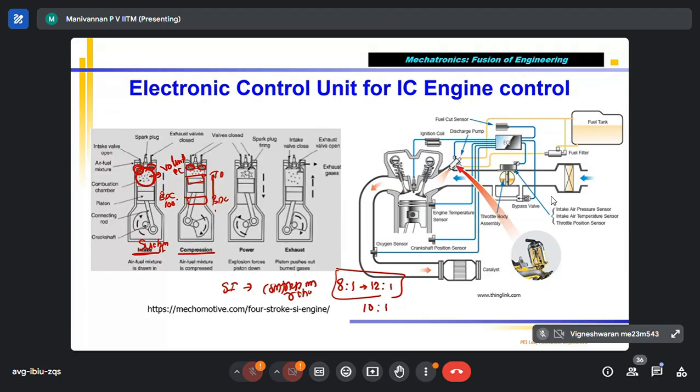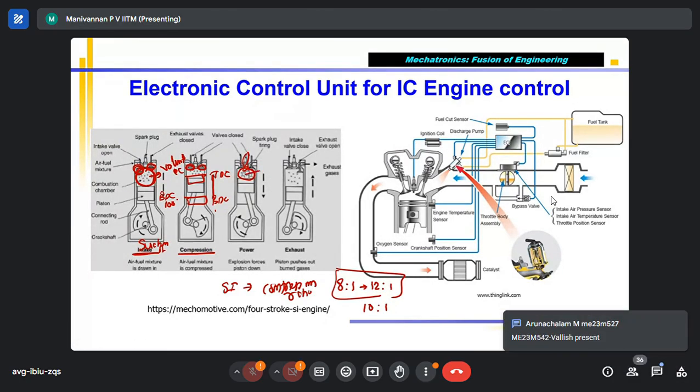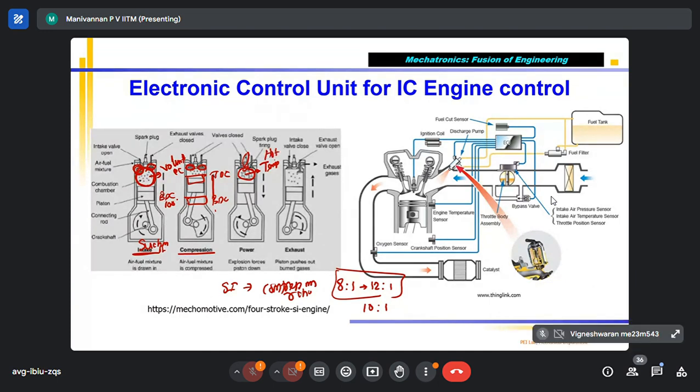Before the piston reaches TDC, a spark will be given, because in a petrol engine you have to give a spark. So the spark plug is there. This is the spark plug. When the spark is given, the fuel-air mixture starts burning. Correct? We call it combustion. Once combustion happens, hot gases are produced, and the temperature inside rises. Because the fuel-air mixture burns and produces CO2 plus H2O.